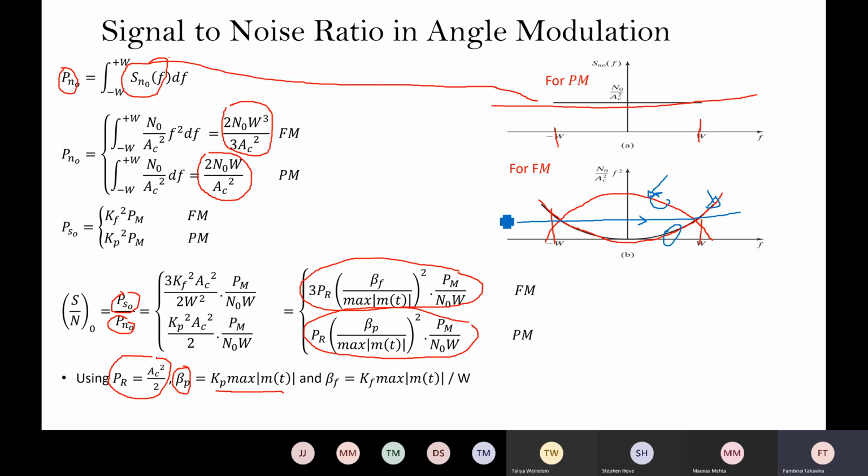Now, the eta that you have in the case of FM depends, if I use the expressions that we have here, on the beta, on the maximum value of m, and on the PM, because the PR is part of the baseband signal to noise ratio. So the actual ratio really depends on the parameters that you've got.